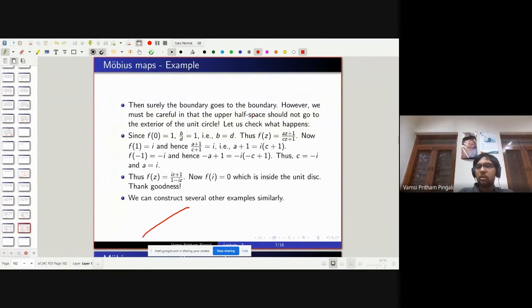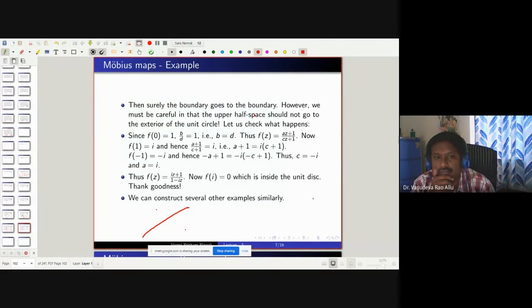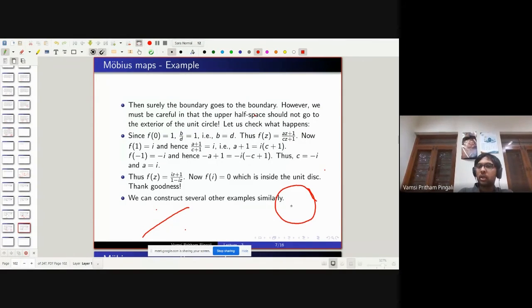If you take a line, it divides the plane into two connected components. If you take a circle, it also divides it into two connected components. I claim that a Mobius map that takes this line to the circle will take one connected component to one of these components, and the other connected component to the other. That is the precise statement.